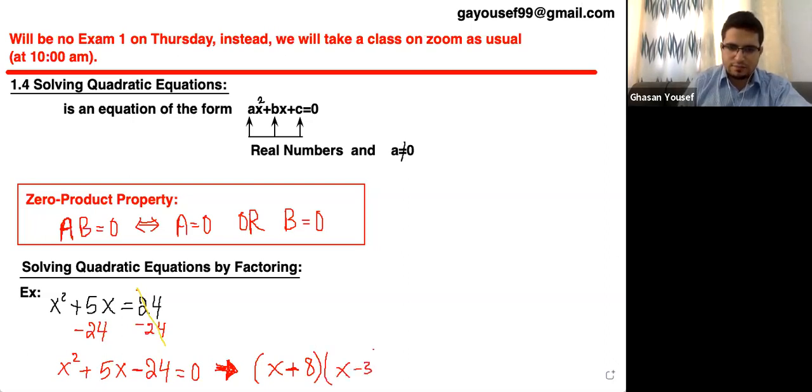minus 3 equals 0. Now we have to use the zero product property. If I have A times B equals 0, A equals 0 or B equals 0.